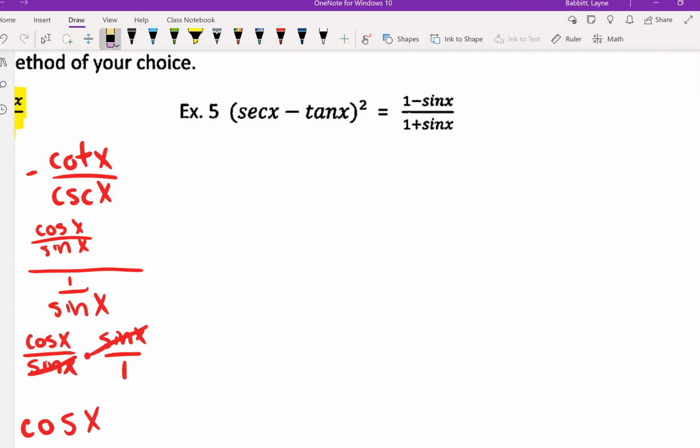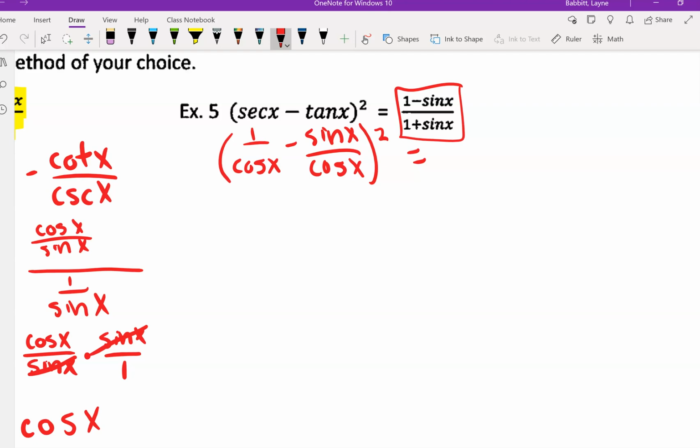We're more familiar with that, it's easier to work with, so we're going to change everything into sine and cosine. So secant is the same as 1 over cosine, and then tangent is the same as sine over cosine. And then we're trying to get that to equal this. We're trying to get everything to end up equaling that in the end.